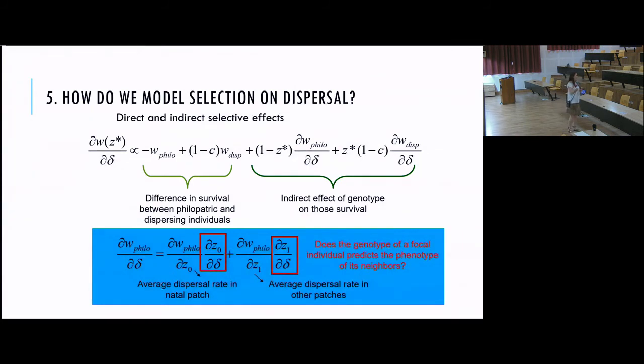And it depends on how many immigrants arrived in your patch, which depends on the average dispersal rate in all other patches in the landscape.